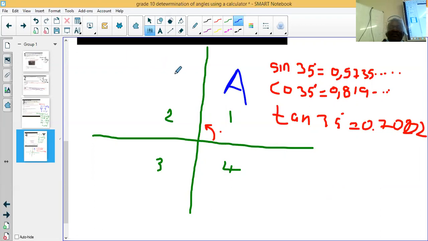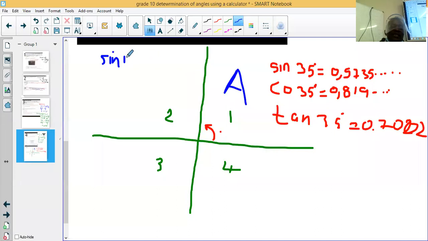Greater than 90. 175. So now let us try sine 175. Let us use our calculators.